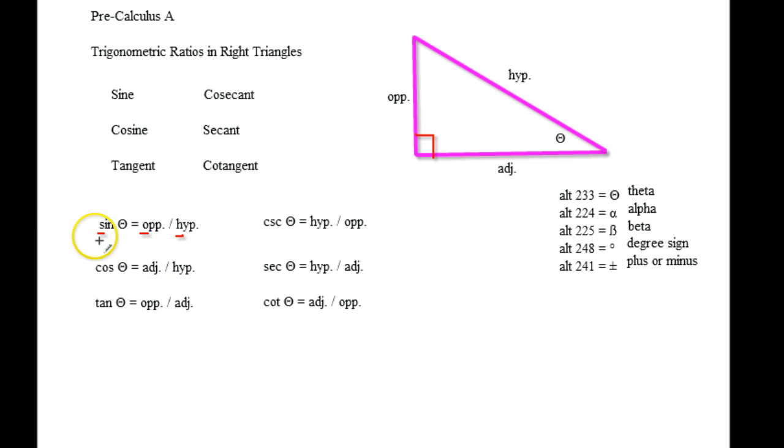So sine, opposite divided by hypotenuse, cosine is adjacent divided by hypotenuse, and tangent is opposite divided by adjacent, and that gives rise to the saying SOH CAH TOA. Okay, and so that just helps us remember our mnemonic device of like, okay, which one goes where, does opposite go, where does adjacent go, all that stuff.